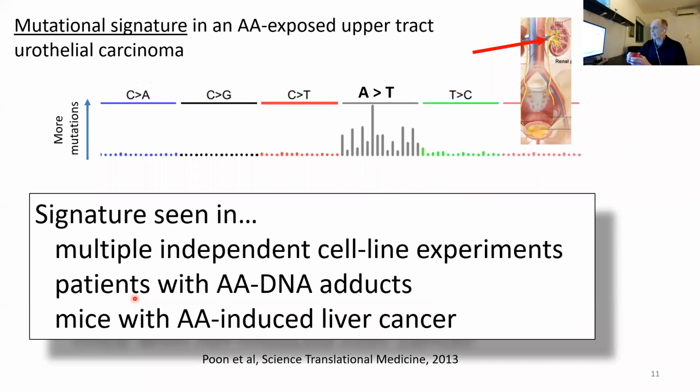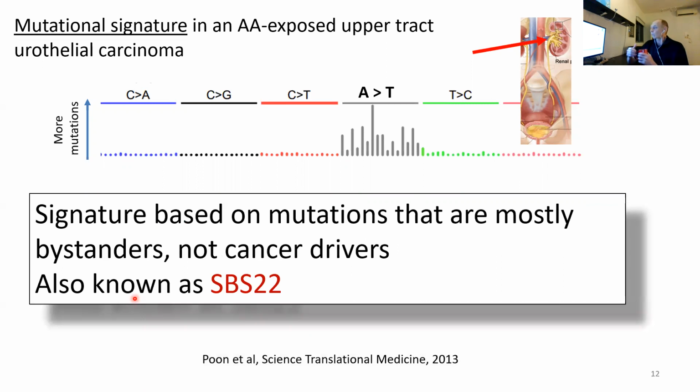So we know this is the AA signature because we've seen it in multiple independent cell line experiments. We've seen it in patients with AA DNA adducts, and we've seen it in mice with AA-induced liver cancers. I just wanted to emphasize again that we're talking about mutations that are mostly bystanders, not the cancer drivers.